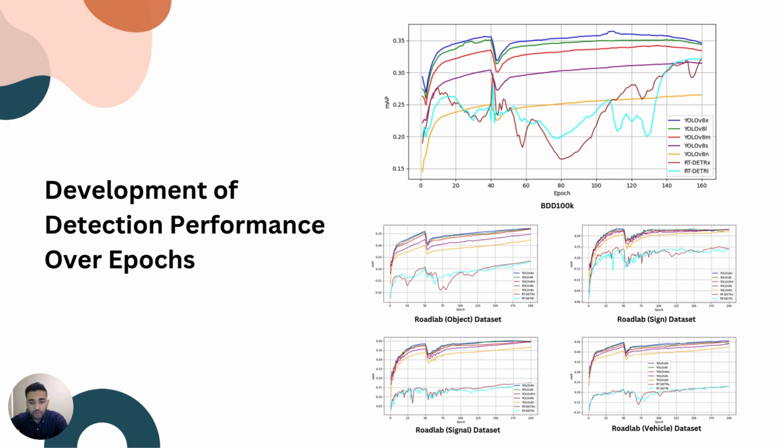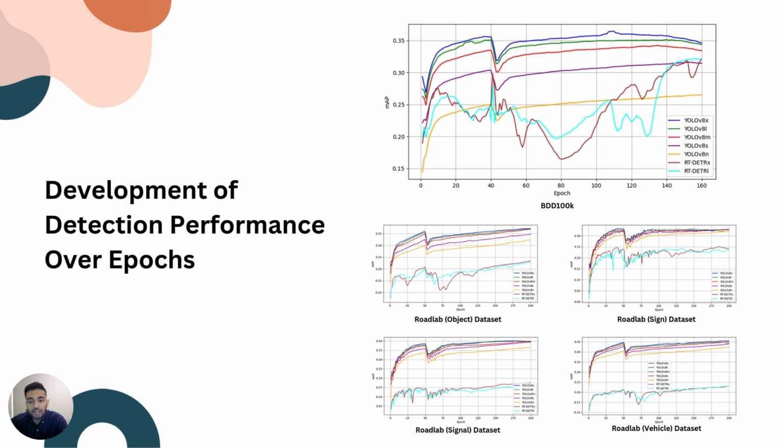And then if you check the RoadLab datasets, particularly the object dataset, which is the first one, YOLOv8X achieved 0.37 mAP, which outperformed RT-DETR's 0.23 mAP. And even over the building of epochs, at every stage, YOLOv8 has been a faster learner than RT-DETR.